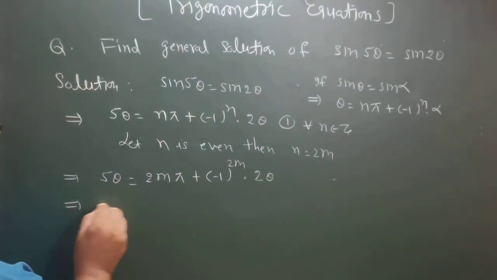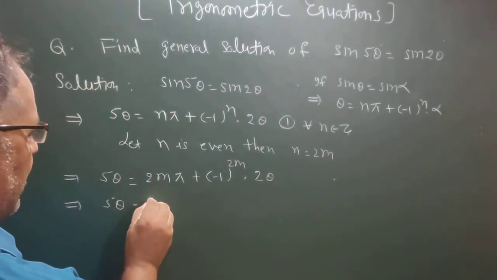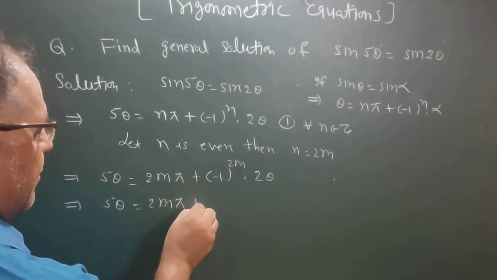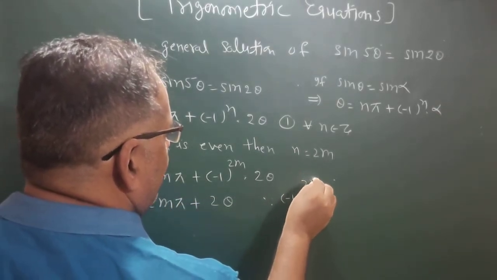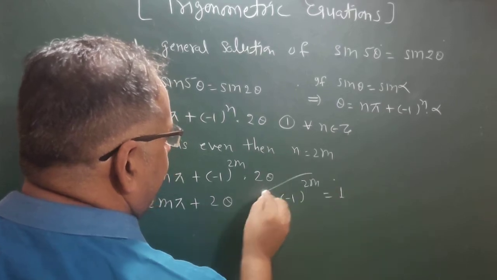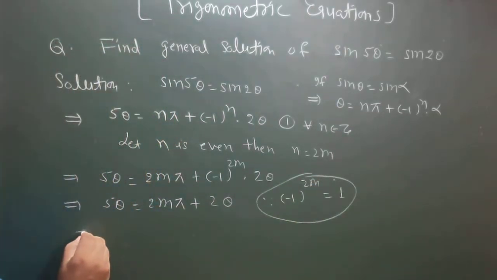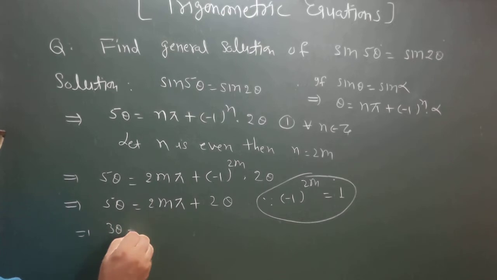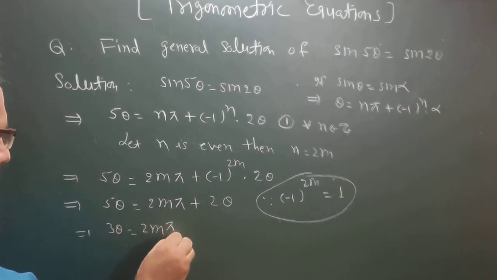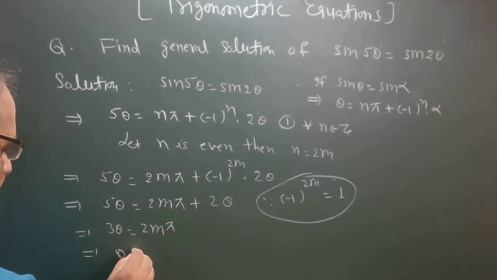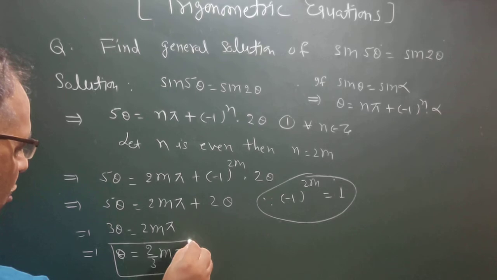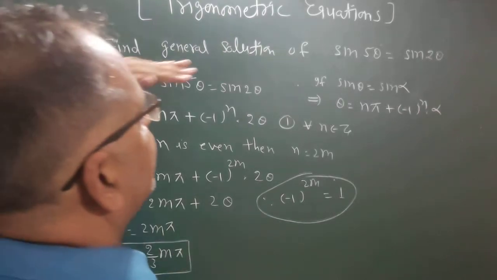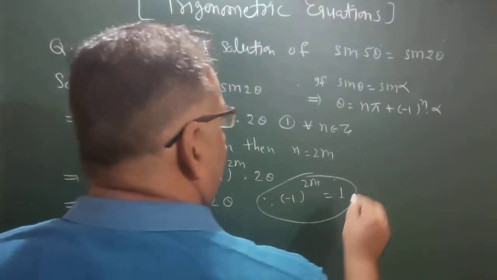In the next step, this becomes 5 theta equal to 2m pi plus 2 theta, because minus 1 to the power 2m is an even power, so this becomes 1. Now after transferring we have 3 theta equal to 2m pi, so the first solution is theta equal to 2 upon 3 m pi. This is the first solution of the trigonometric equation sin 5 theta equal to sin 2 theta.